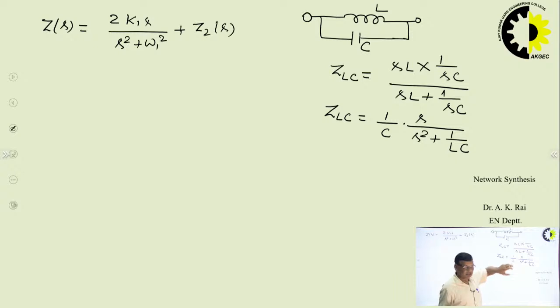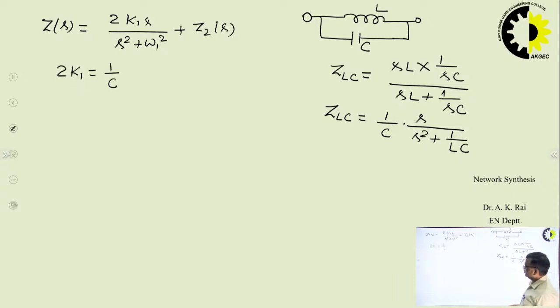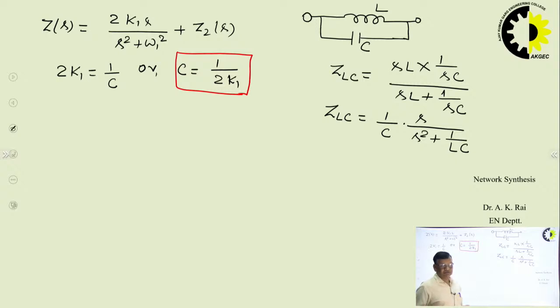Now, try to compare this Z_LC with this one, because this is the impedance. So, 1 by C is equal to 2k1. So, C is equal to 1 by 2k1.